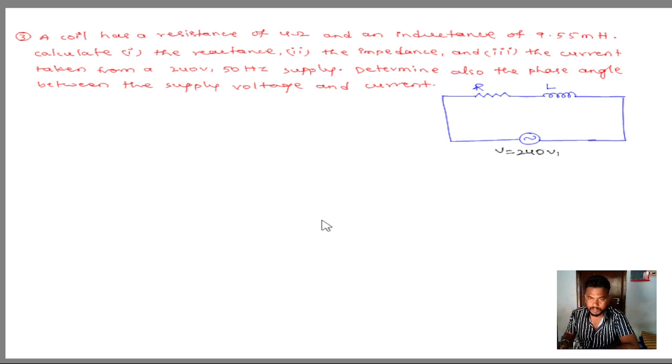Remember, this voltage is RMS voltage and the frequency is 50 hertz. And we need to calculate IRMS. We don't know the current. And the R value is 4 ohms and inductance 9.55 millihenries. Okay, and solution.